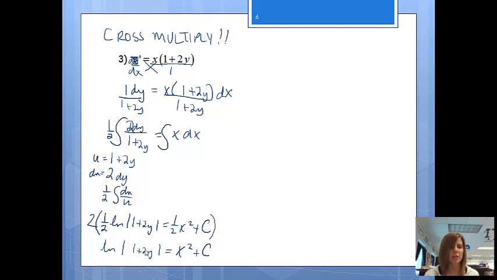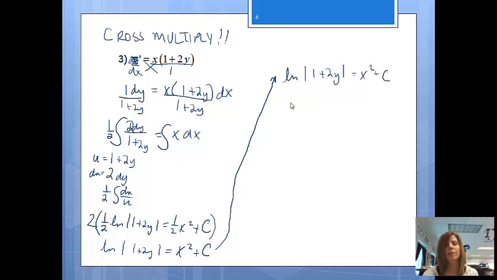All right, here's where it gets a little bit tricky. Notice from here, I still do not have y all by itself. So I'm going to come up here, I'm going to rewrite what's there. We've got ln 1 plus 2y equals x squared plus c. Okay, from here, we learned that if we want to get rid of an ln, this is at the beginning of the last chapter, we can follow the logarithm loop. Remember, the base is e right now, so I'm going to follow the loop around.